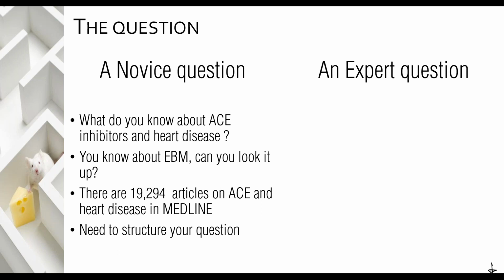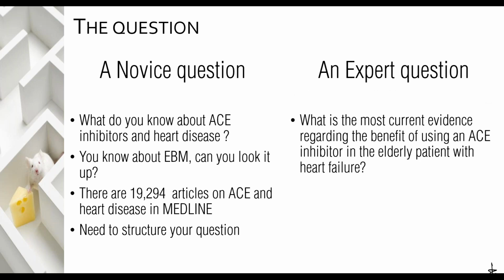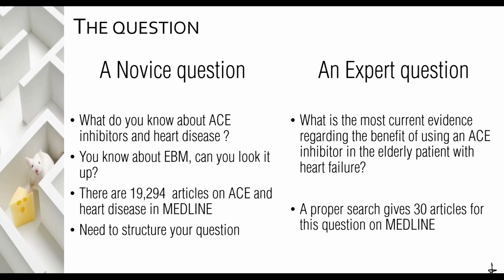What you're supposed to do is ask the same question, but in an expert way. So basically, what's the most current evidence regarding the benefit of using ACE inhibitors in the elderly who have heart failure? Be specific. What heart disease are we talking about? What are we talking about when we talk about ACE inhibitors? Are we talking about benefit, side effects, or complications?